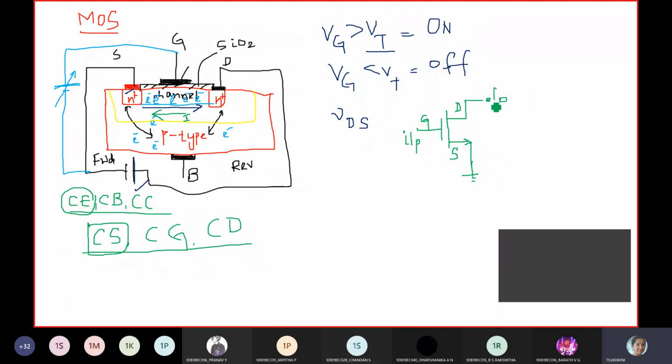So at the drain I will be concerned with the output current ID and the output voltage VDS, measured with respect to ground. Just recall from the BJT common emitter, what we were doing there: we were finding IC and VCE. Yes or no?